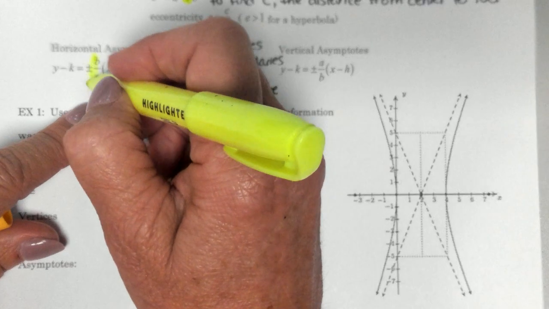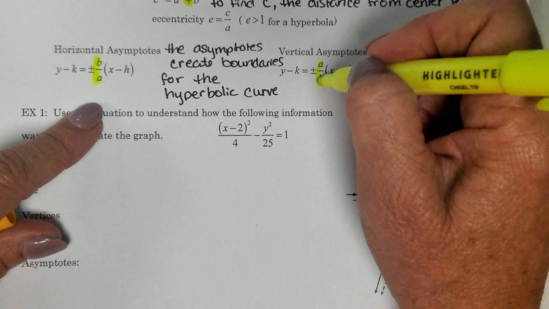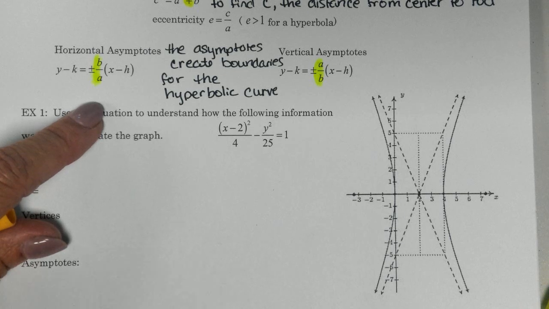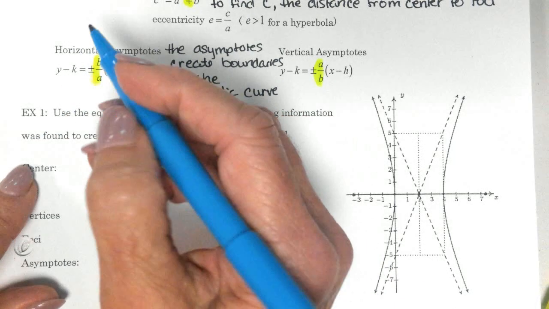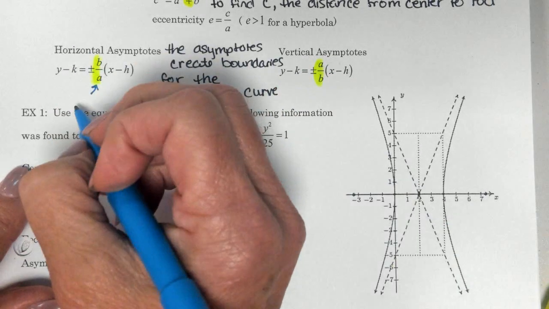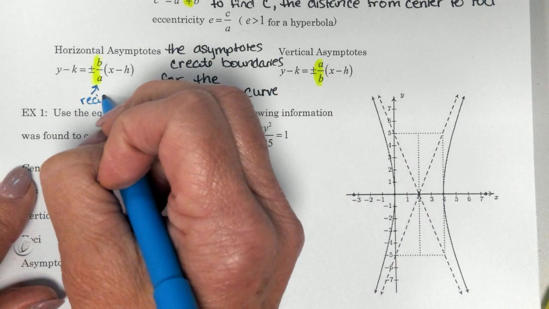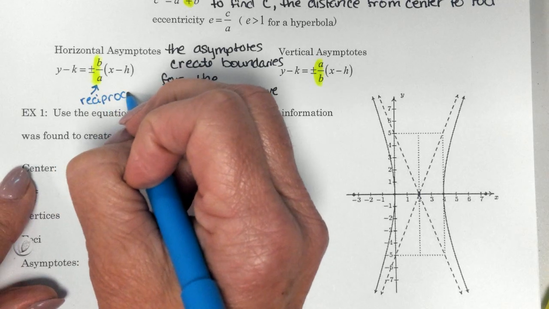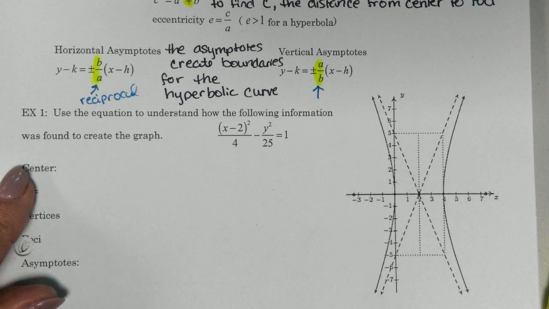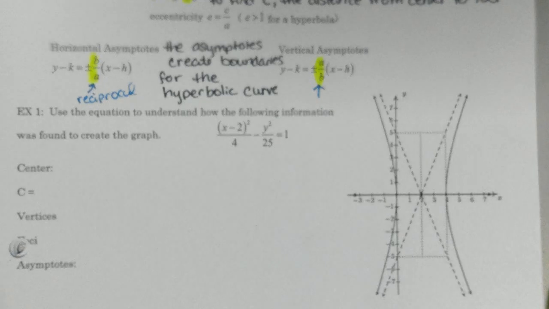I'm going to go over those in a little bit more detail whenever we start graphing, because it's a little bit easier to explain. But I just need to point out that from the horizontal to the vertical asymptotes, these are the reciprocal of each other. They are the reciprocal of each other, okay?